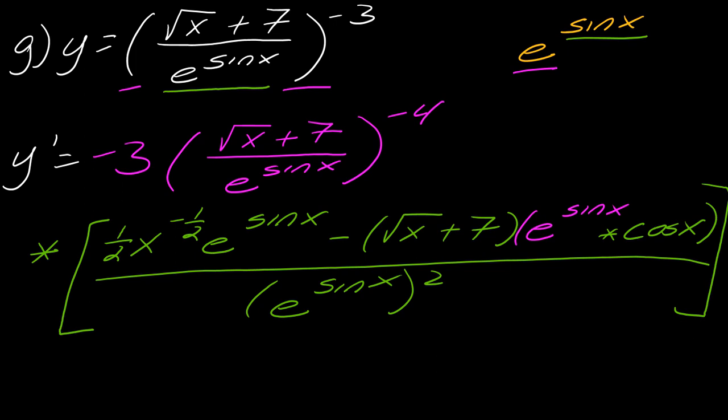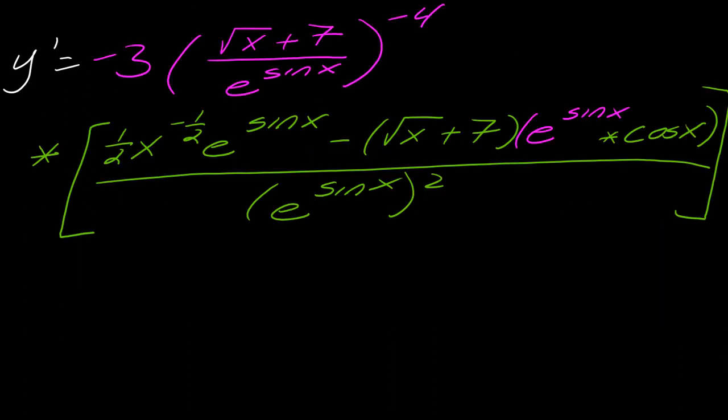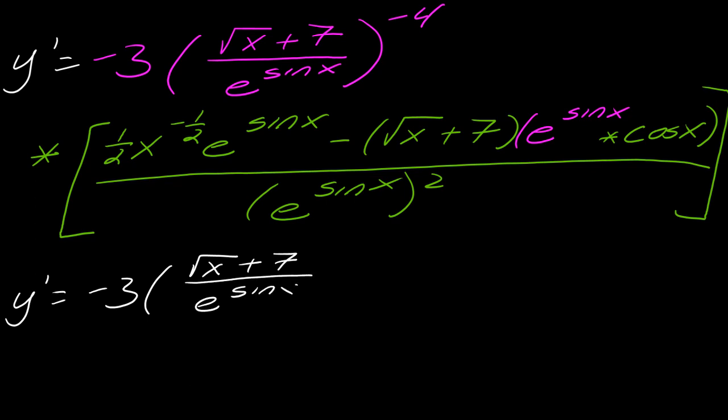And from here, you'll basically just clean it up. It looks like we can actually cancel out one of these e to the sine x's, so I will go ahead and do that. Let me make some space. This guy will equal -3 times the square root of x plus 7 over e to the sine x, all of that to the -4th.